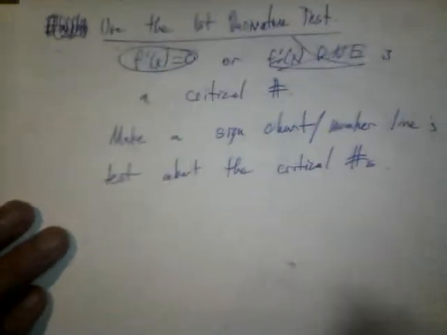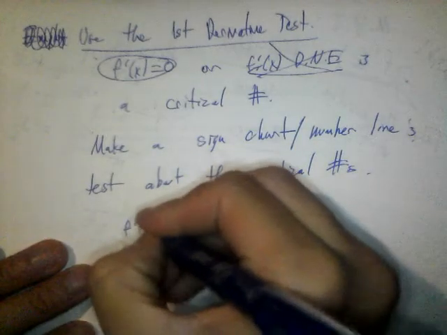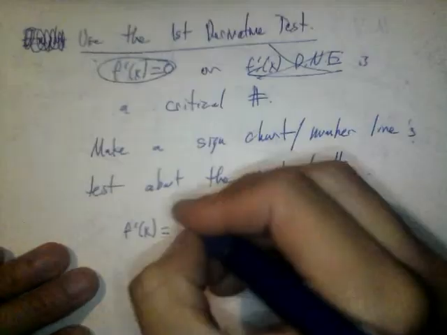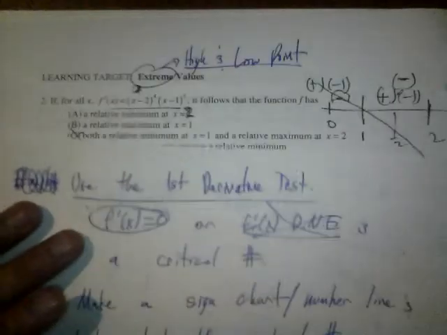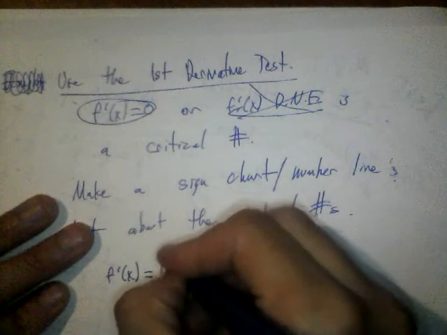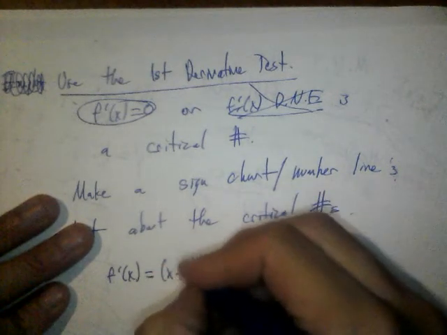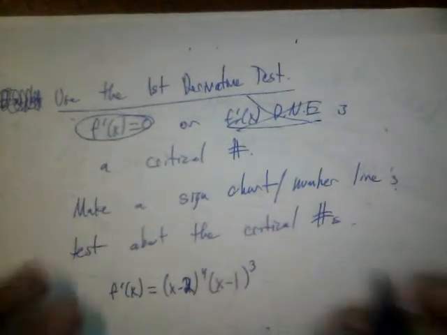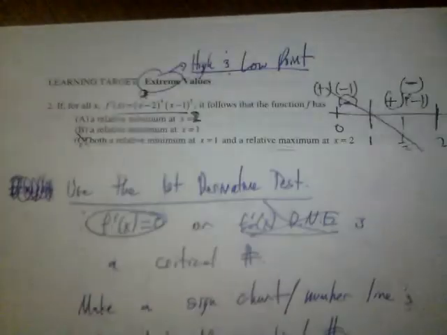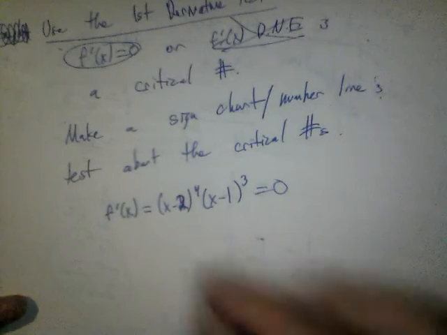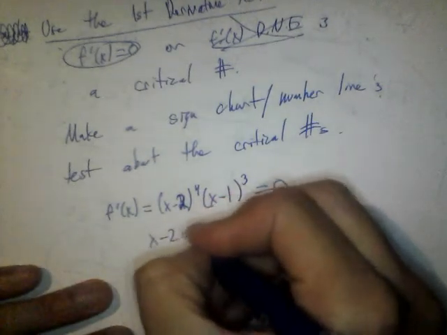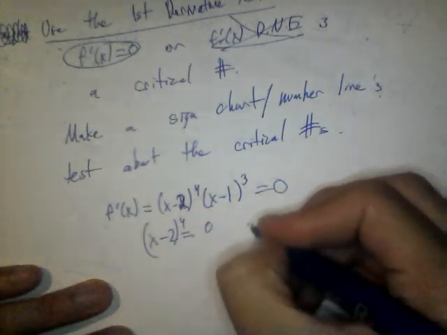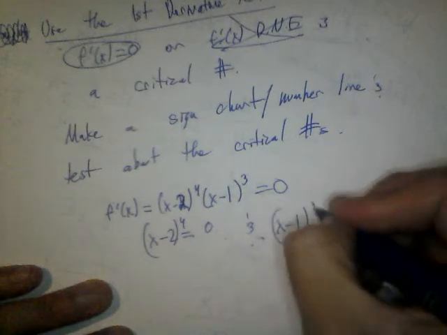So f prime of x is equal to, what was it, x minus 2 to the fourth times x minus 1 cubed, and we're going to set this to 0. The roots are going to be when x minus 2 to the fourth is 0, and where x minus 1 cubed is 0.